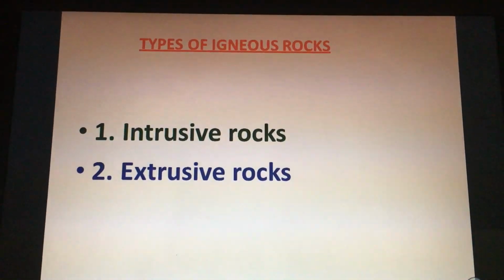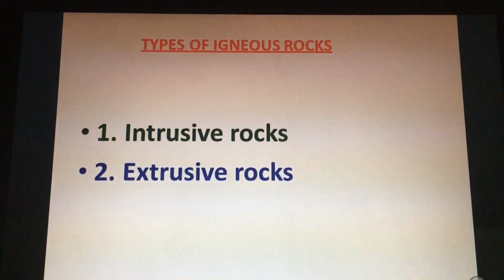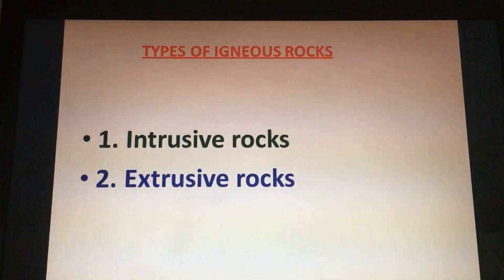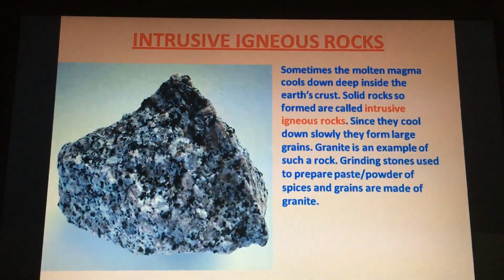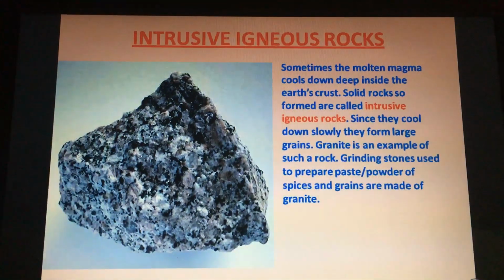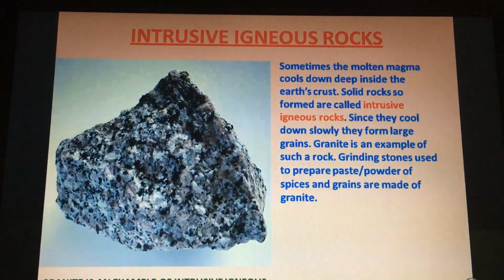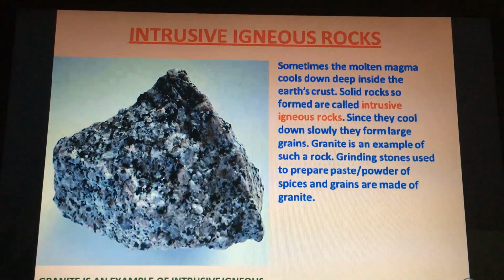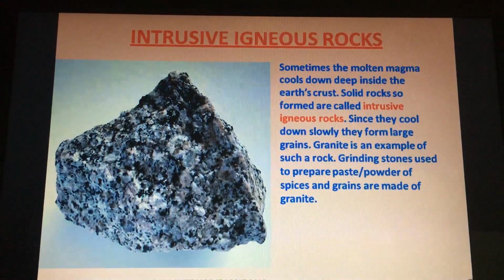Moving up, next, the igneous rocks are divided into two types, intrusive rocks and extrusive rocks. What are intrusive igneous rocks? Sometimes the molten magma cools down deep inside the earth crust. This means the volcanoes couldn't come out from the earth crust, so they cool down deep inside.